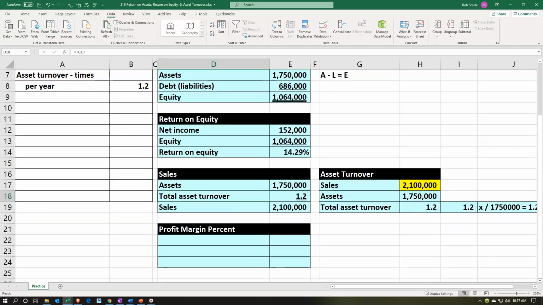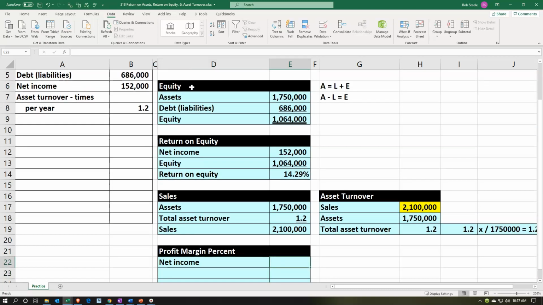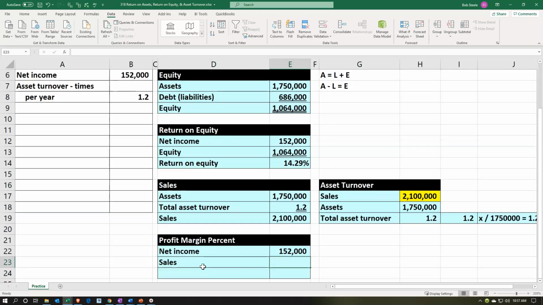So there's the 2,000,001. Then we can now do the profit margin because the profit margin, as we know, is going to be the net income. So we're going to be comparing the net income, which we have right here, and now we have the sales, comparing that to sales. This time we're comparing an income statement line item to an income statement line item.